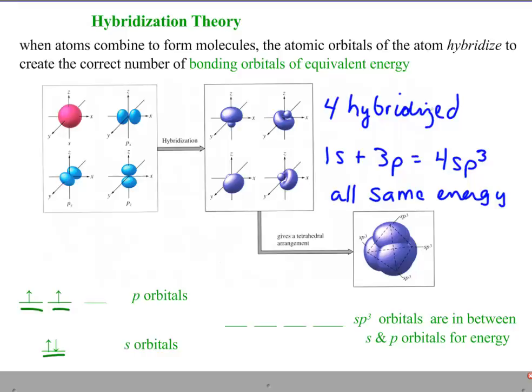When I hybridize these, I get 4 orbitals, all of the same energy. Each of them has 1 electron, so each of them can form an equivalent bond with hydrogen. And when I analyze the bonds in methane, what I see is 4 bonds that are identical in energy, and therefore the theory that gave us this, the hybridization theory, is a good explanation.